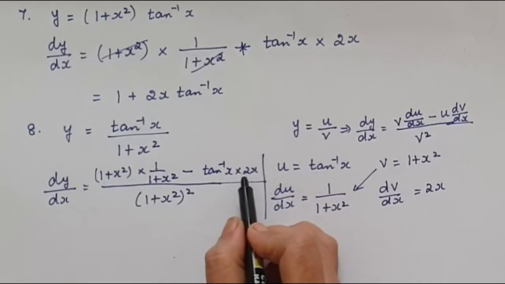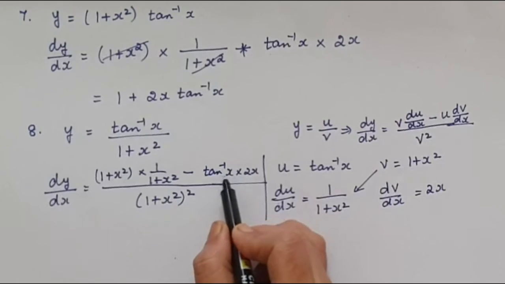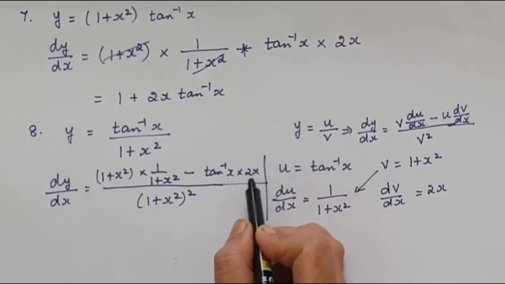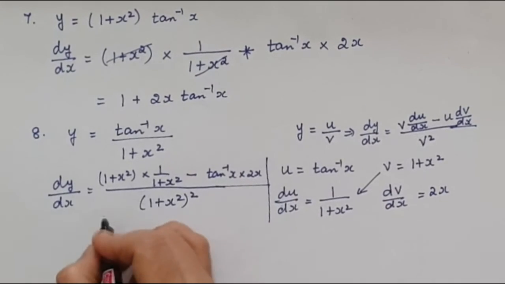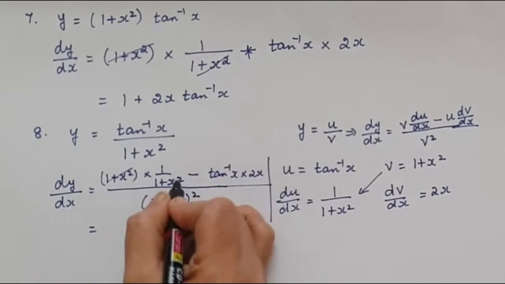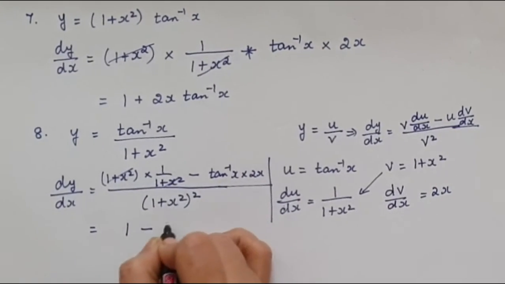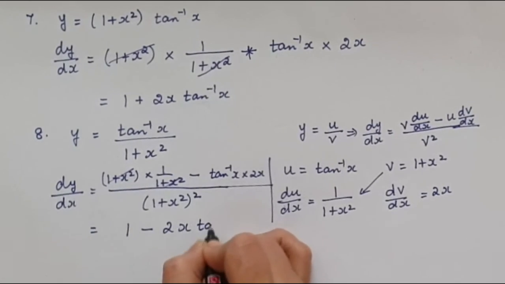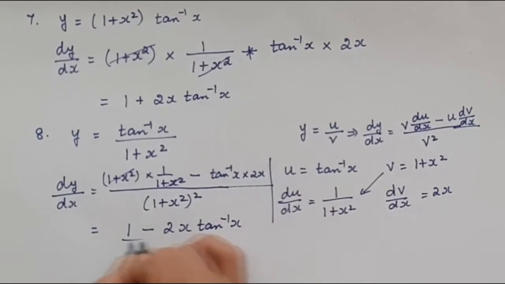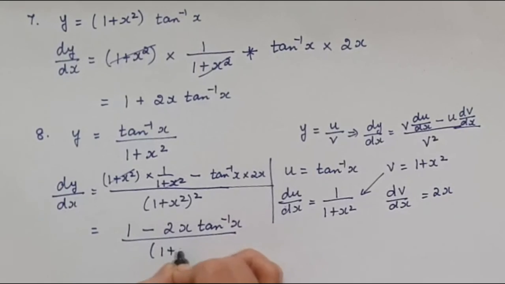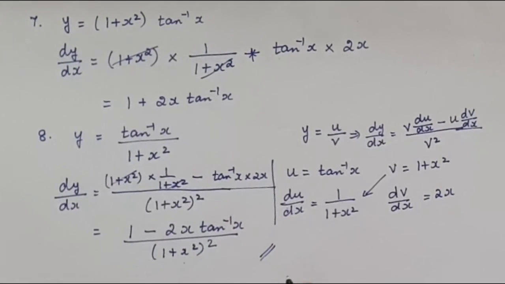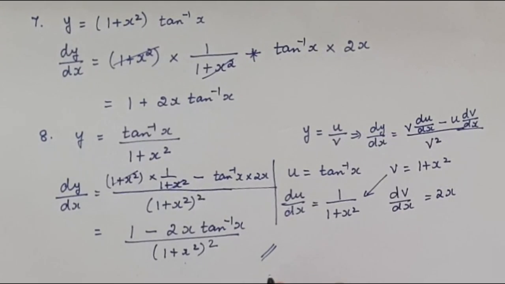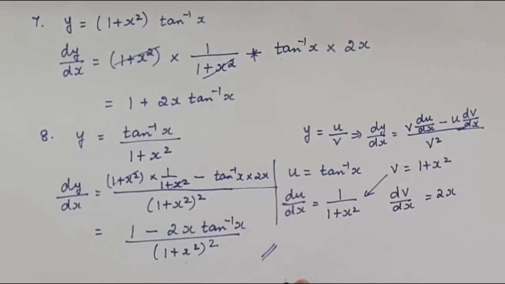Here, don't multiply this 2x with x. This x is an angle. This is a number. So be careful. Don't multiply this number with the angle. So this will come as this and this gets cancelled. So it is 1 minus 2x tan inverse of x by 1 plus x squared the whole square. So we can differentiate tan x and tan inverse of x using the quotient rule and the product rule. Thank you.